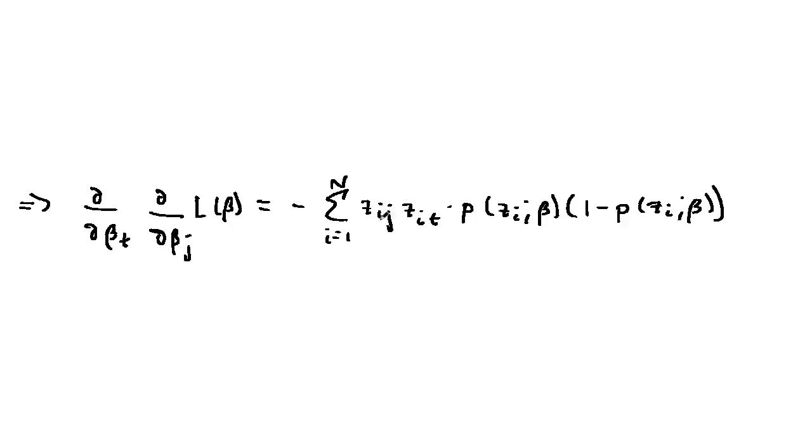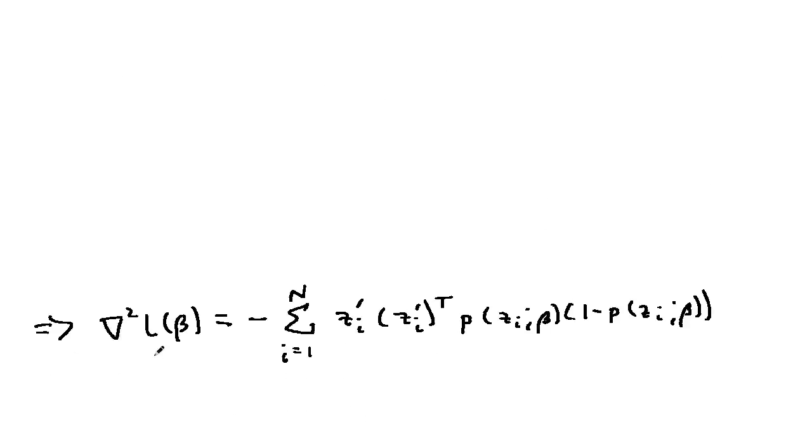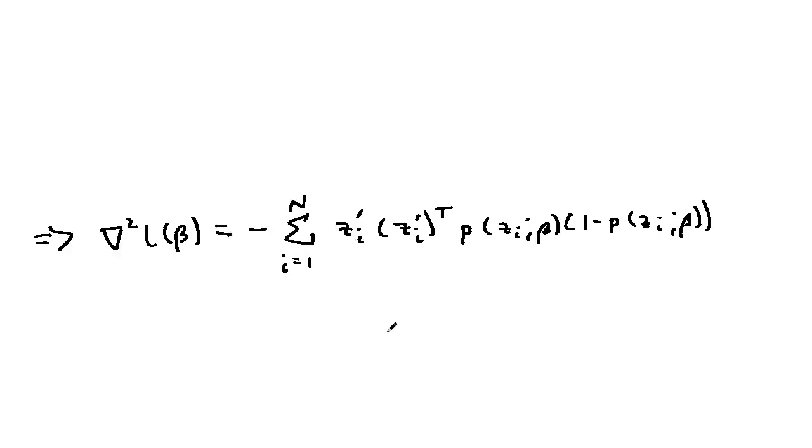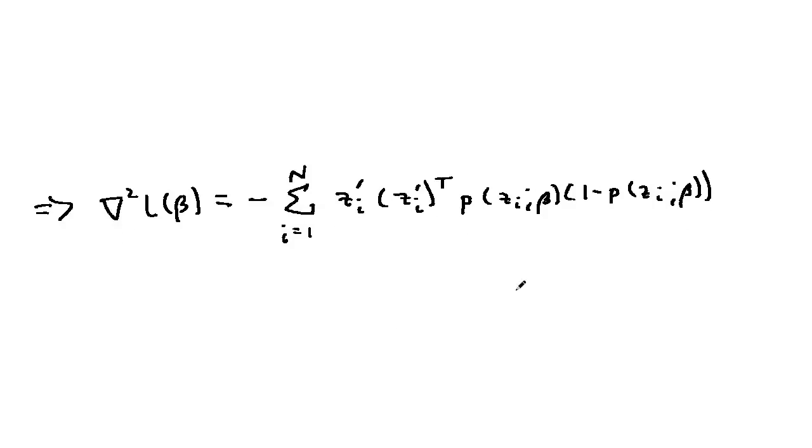Okay, remember this is the t,j-th term of the Hessian. So the Hessian is given by this. Here we have z_i prime times z_i prime transpose, and that's going to give us a matrix.